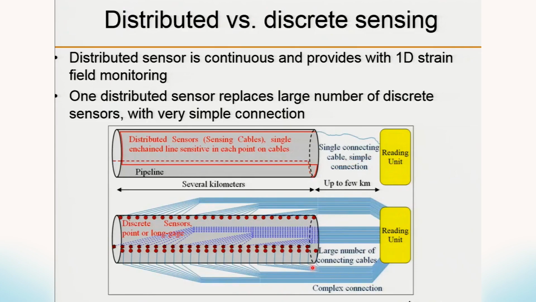For the discrete sensors, for each sensor there will be multiple cables to connect to the reading unit. So we have a large number of connecting cables, which might not be environmentally friendly in some situations.